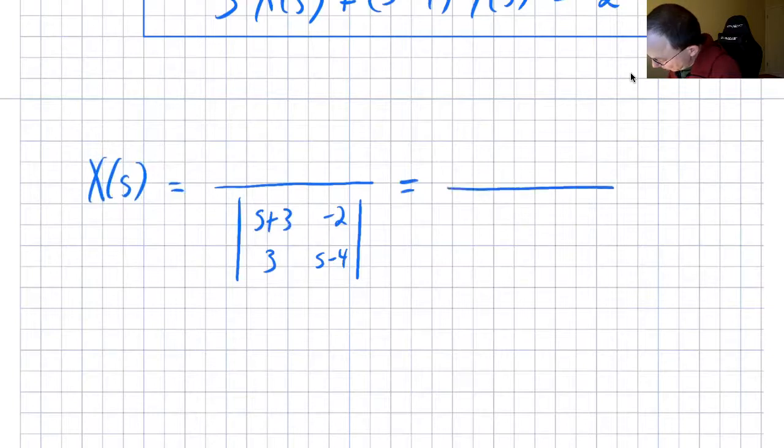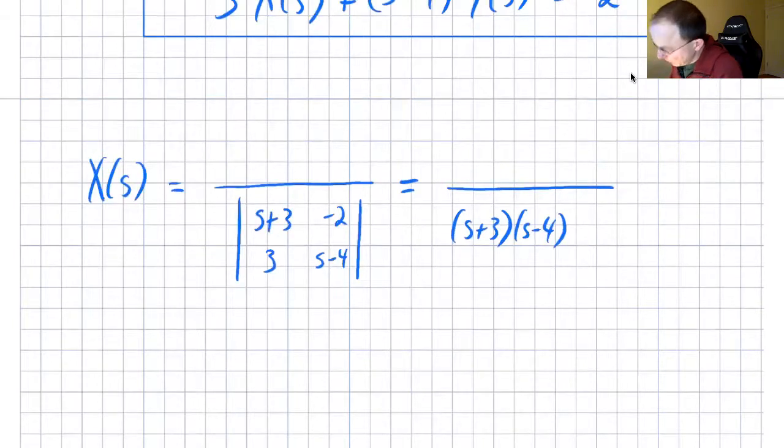On the bottom here, this determinant is s plus 3 times s minus 4, and then minus 3 times minus 2, minus 6, so plus 6. That's what's in the bottom. In the top, what do we have?